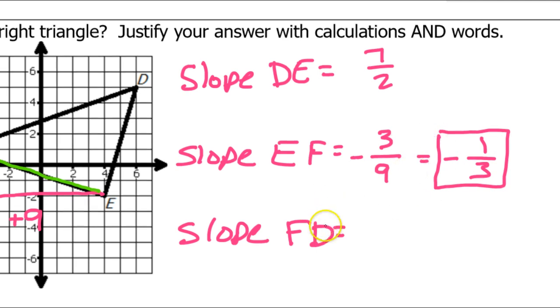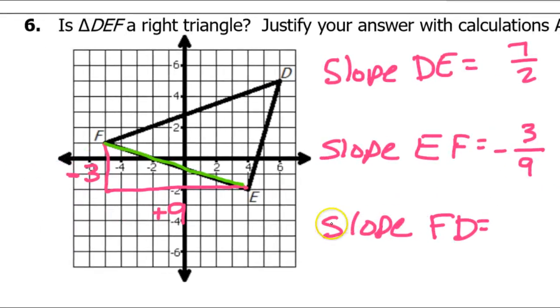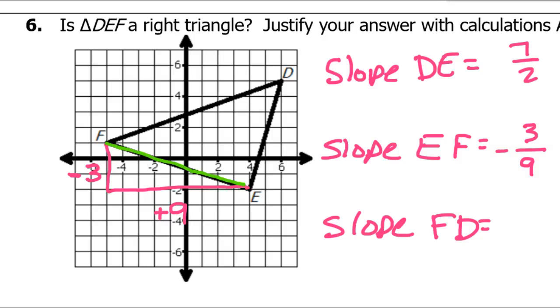Okay, and finally, let's calculate the slope of FD. So rise and run. So here's the rise. That was a crooked line, but you're just going to forgive me. And here's the run. Looks like a heartbeat. Why is that so crooked? I'm not redoing it. I don't care.